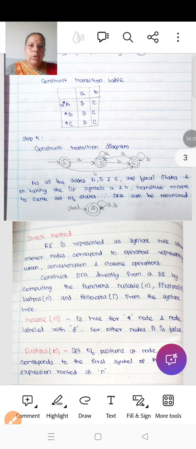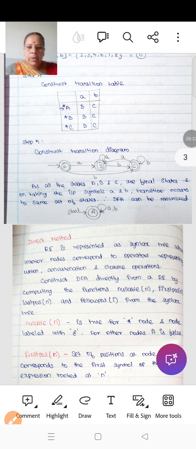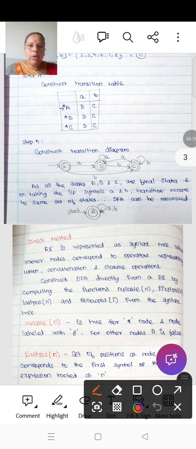If you look into this transition table, for states A, B, and C, for input symbol a all of them move to the next state B, and for input symbol b they move to the next state C. So it means A is equal to B and B is equal to C. We can club all these three states as one, as shown in this second diagram.